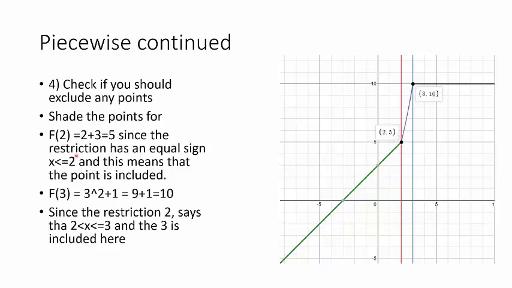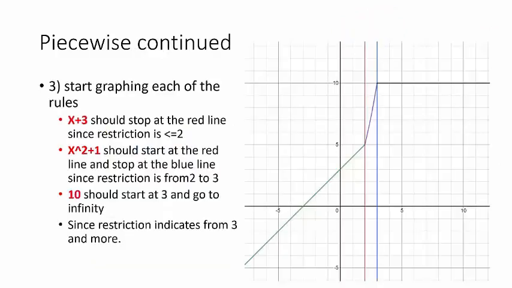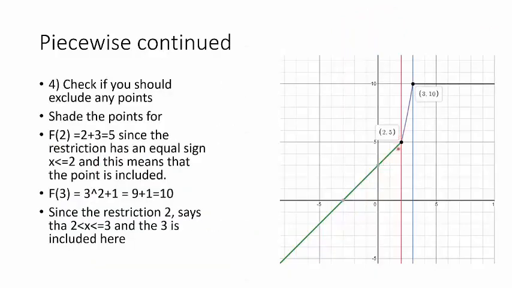(2, 5) is the point that you get from the first branch. Why from the first branch? Because you have the equality, so you want x to be equal to 2, and if x is equal to 2, then the f of x is calculated from the first branch. So it's going to be 2 plus 3 equals 5.